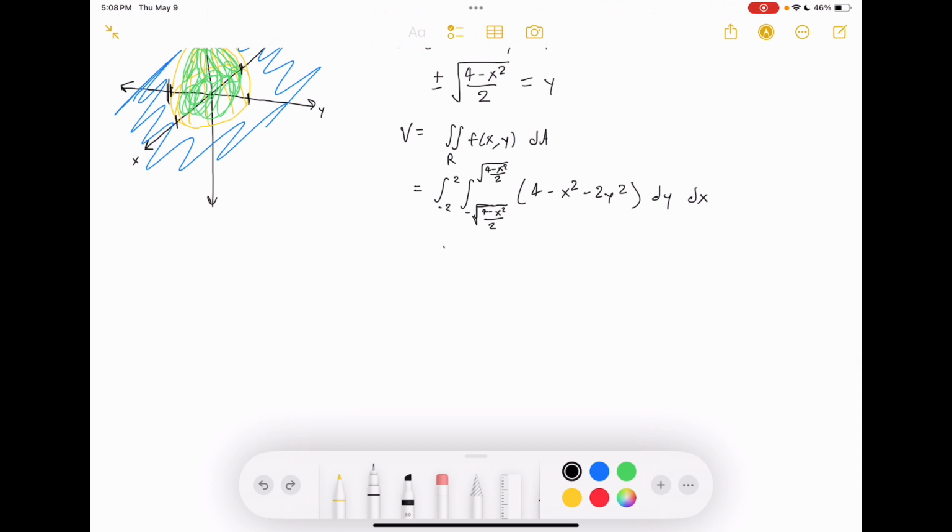And when you do that out, you're going to get the integral from negative 2 to 2, because we're going to keep the outer integral. And then on the inside, let's make that a proper bracket, you're going to have (4 minus x squared)y minus 2y to the third over 3, evaluated from negative to positive the square root of (4 minus x squared) over 2.